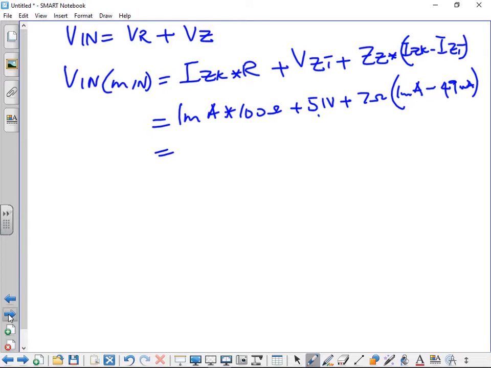Alright, so after calculation, you'll see it gives us a value of 4,76 volts. This is my V out. Here we have 1 milliamp times that, which is 100 millivolts, plus the output voltage here, which is VZ.